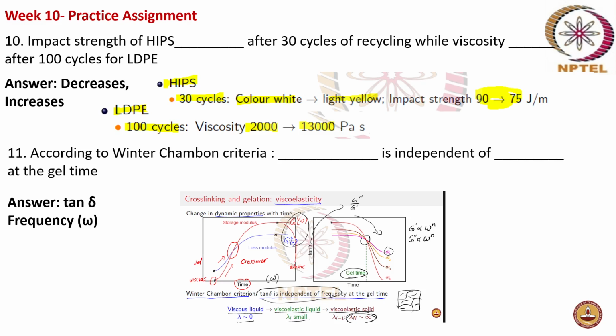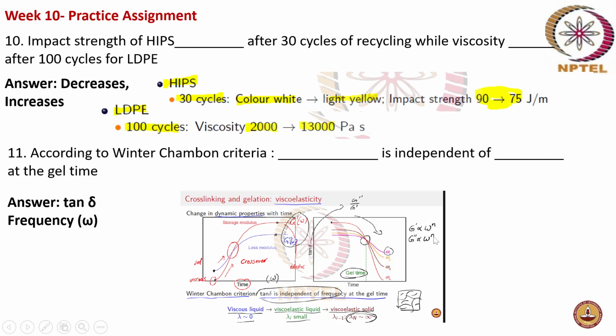Okay, so gel time is nothing but a crossover point. Okay, this is the gelation time where the material changes from a more fluid like behavior to a more solid like behavior. Okay, so when we do it for different frequencies, what happens is that both the storage and loss modulus becomes the same function of frequency.